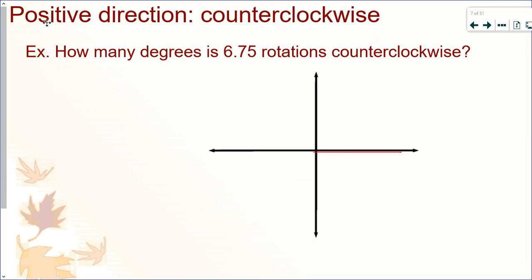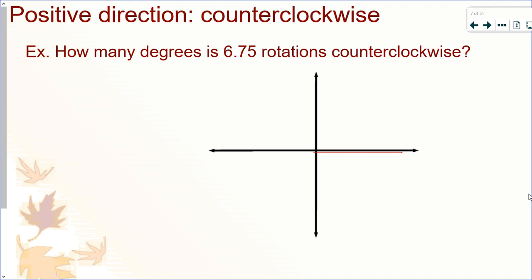So for example, how many degrees is 6.75 rotations counterclockwise? Counterclockwise is our positive direction. So if I want to count up rotating this 6.75 times, I can do 1 rotation, 2 rotations, 3 rotations, 4 rotations, 5 rotations, 6 rotations. So that really is like we didn't do anything.